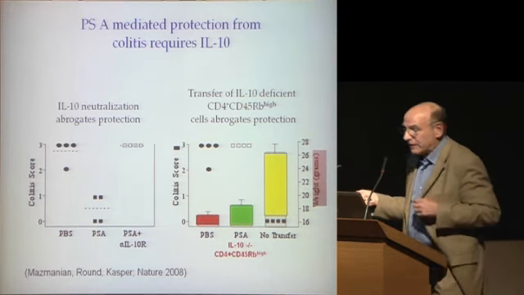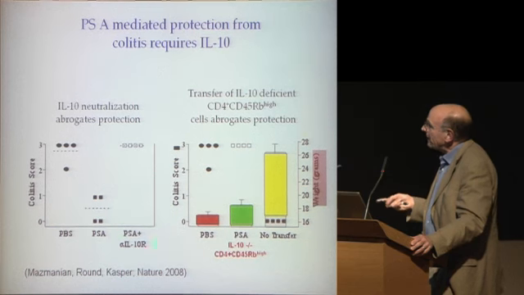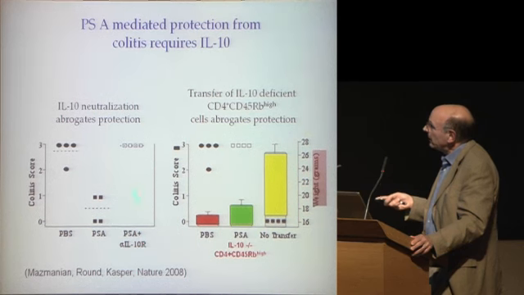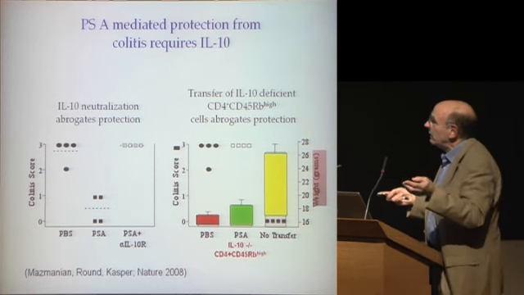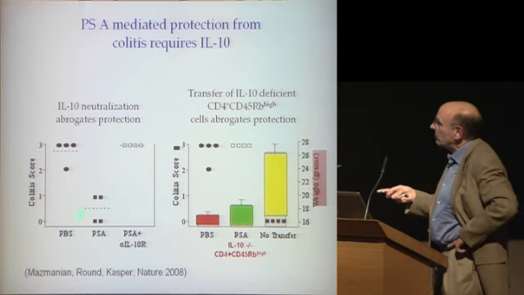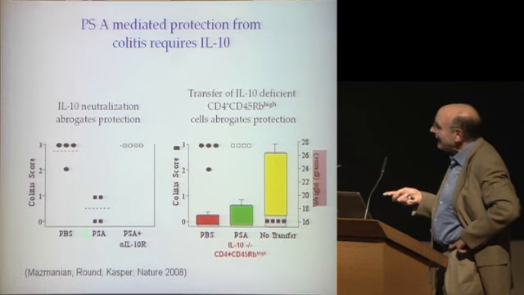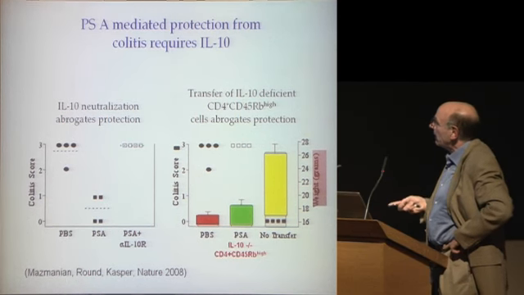And then going back to this model, in fact, we did treat animals with the anti-IL-10 receptor antibody. The controls were the PBS treated in this complete model with Helicobacter and CD45RB high cells. PSA treatment, again, protected, but if you treated the mice with an antibody to the IL-10 receptor, the protection mediated by PSA was abrogated.